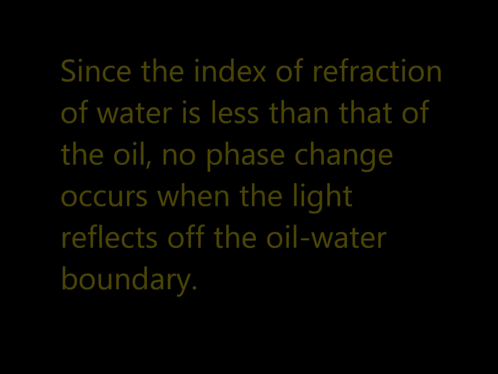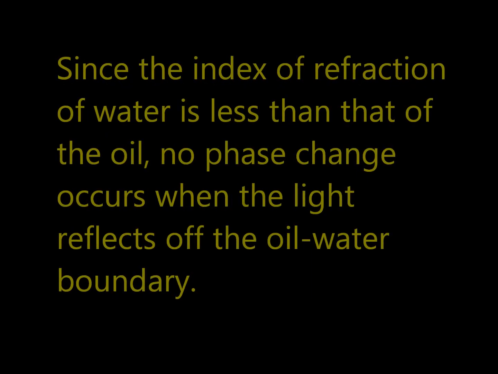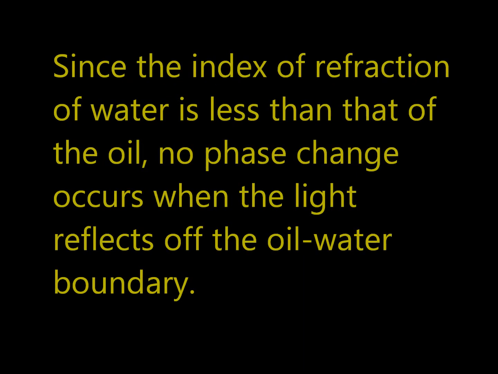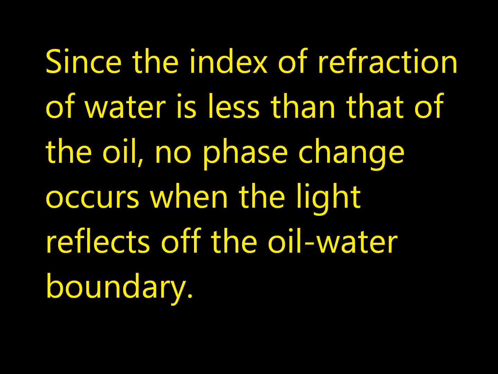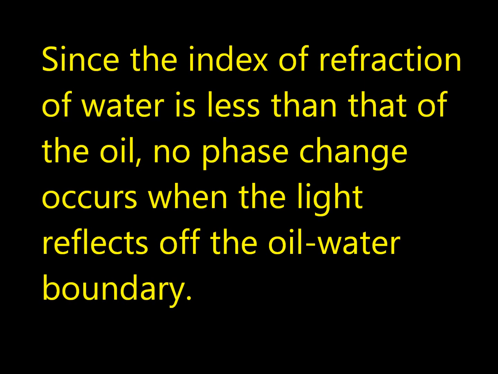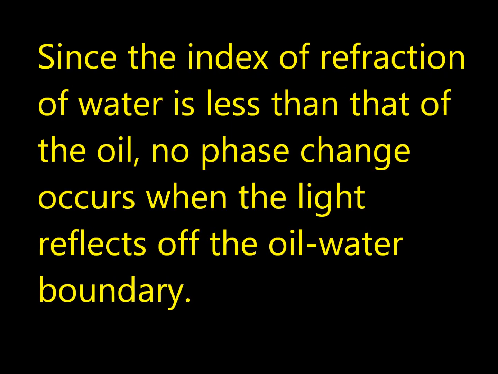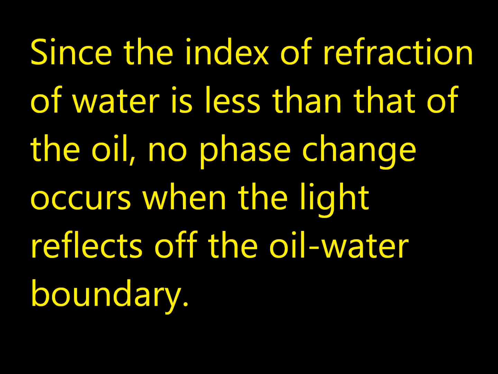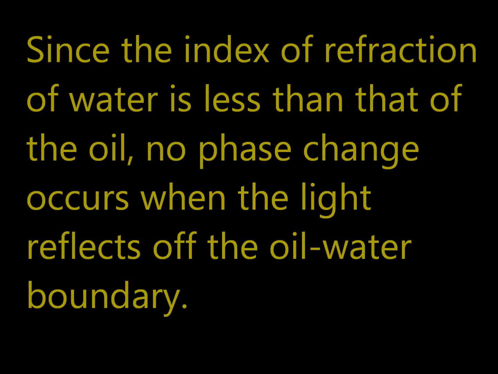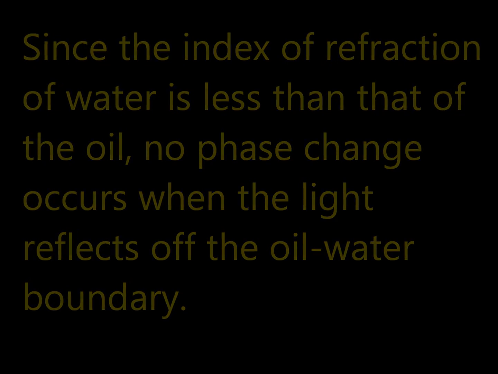Then we need to think about the oil-water boundary. Since the index of refraction of the water, 1.33, is less than that of the oil at 1.50, no phase change occurs when the light reflects off the oil-water boundary. So, therefore, the difference between the two reflected rays, due to the indices of refraction alone, is 1/2 of a wavelength.